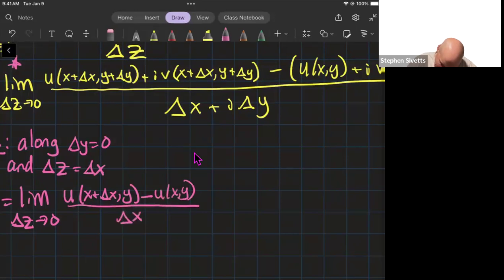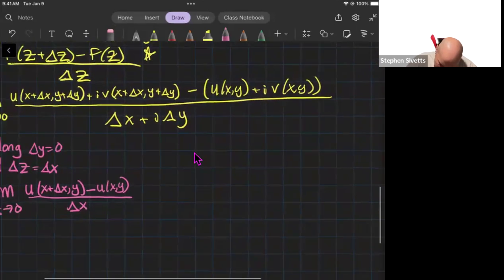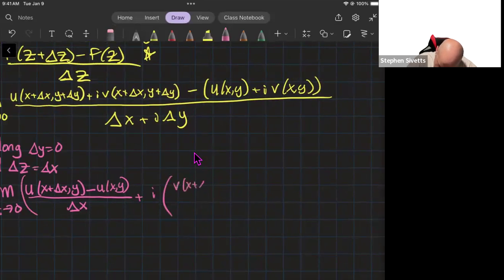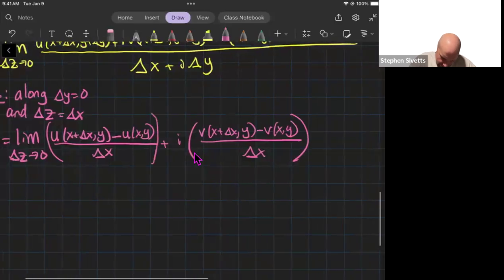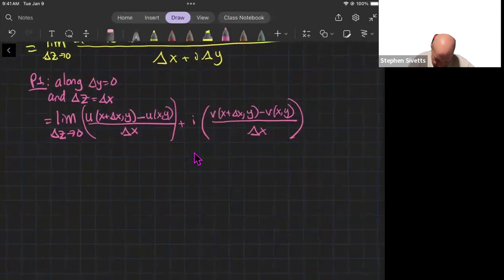And then I'll have a plus i times the v function, v of x plus delta x and then y, minus v of x y, divided by delta x. Okay, hopefully that made sense.